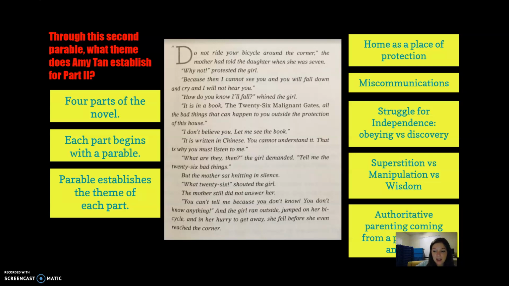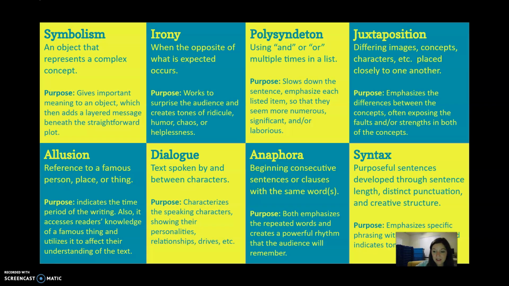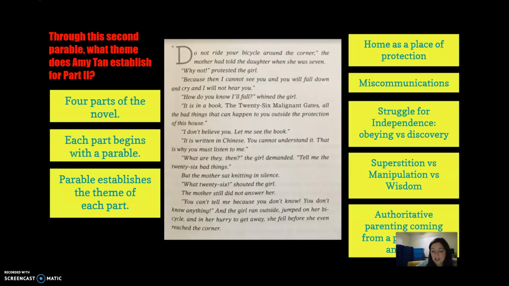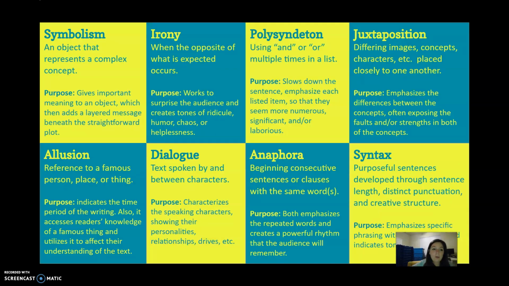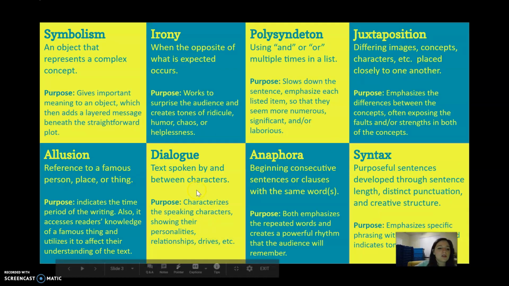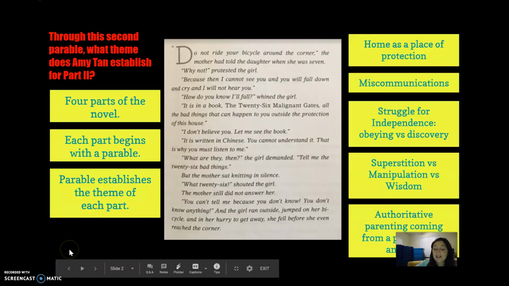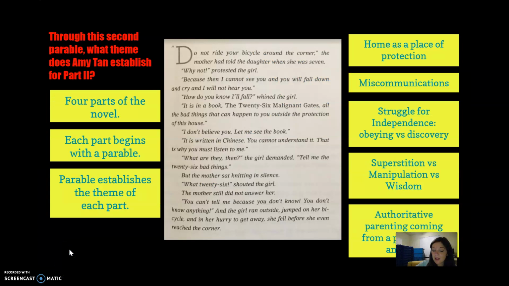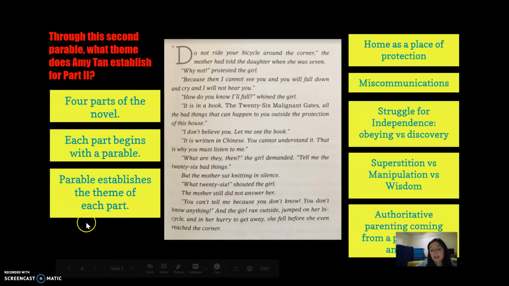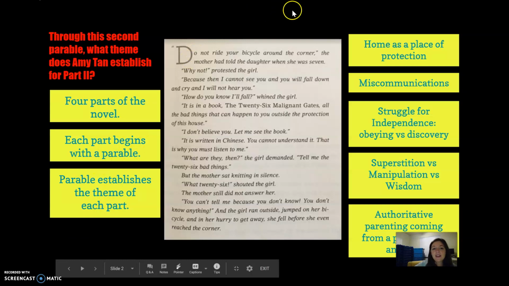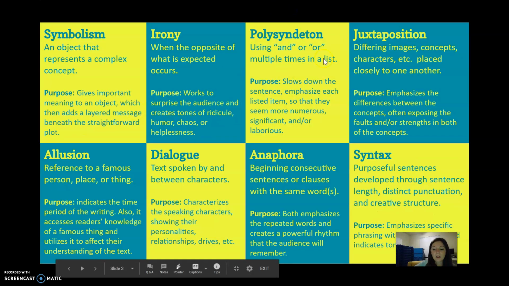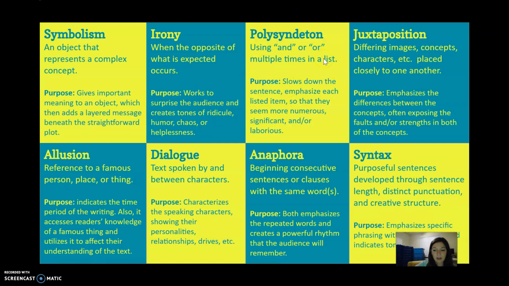They might not match. Some of these devices lead to some of these themes. So decide where you would like to start. You might be like, oh, I really want to do allusion, and so you might start analyzing allusion and see what theme you end up with through that analysis. Alternatively, you might be really attached to one of these themes, and instead you go looking for which one of these devices will allow you to write on that theme.